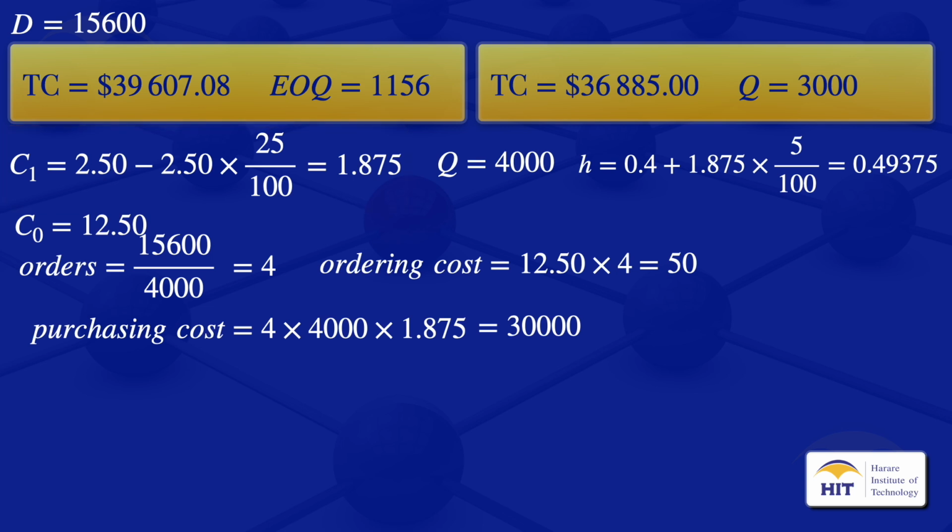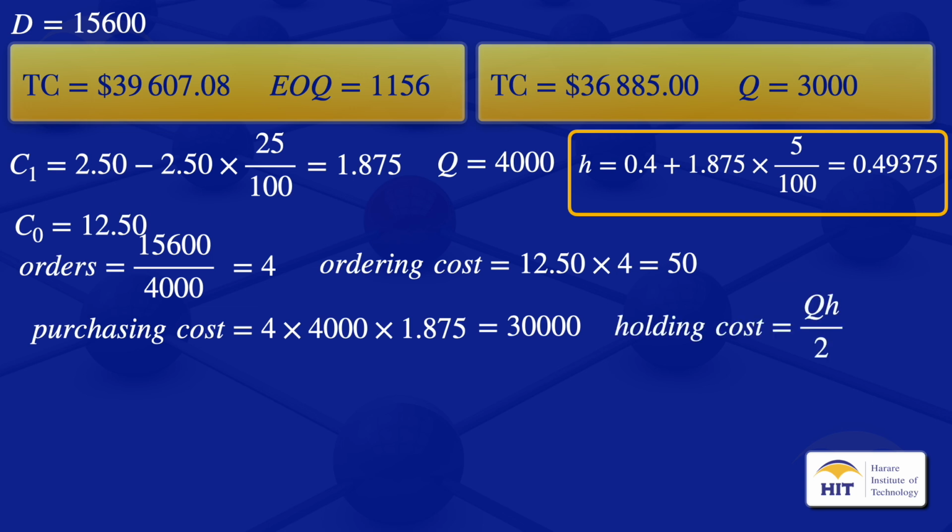And our holding cost, we are saying that it's 0.49375 per unit. So to get our holding cost per year, the formula that we use is QH over 2, and substitute the value of the Q and the H, and we have 987.50.